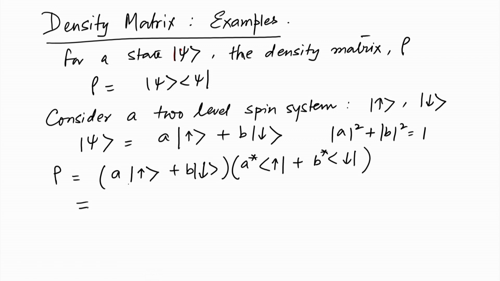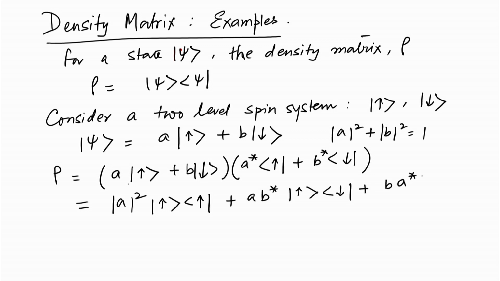This can simply be multiplied out as |a|^2 |up><up| + a b* |up><down| + b a* |down><up| + |b|^2 |down><down|.